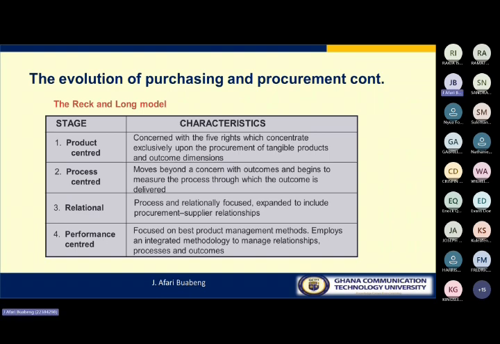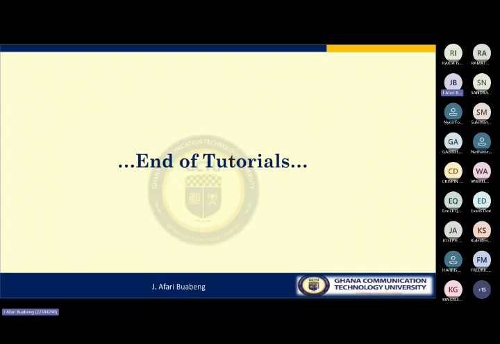It is procurement and supply. It is because of the evolution. That is where we are all going. They have all recognized the fact that, yes, it started with purchasing. Now we are in the era of what? Procurement, because procurement is bigger, wider than purchasing. The evolution started with purchasing, but now we are in the era of procurement.